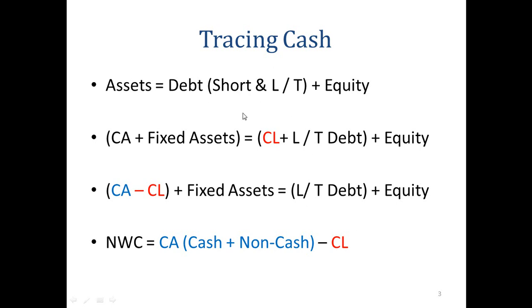So this is all a liability, short-term and long-term. Another way to look at this, you could call it assets equals liability plus equity, because we do have some short-term liabilities, hence the current liabilities. So let's follow closely.